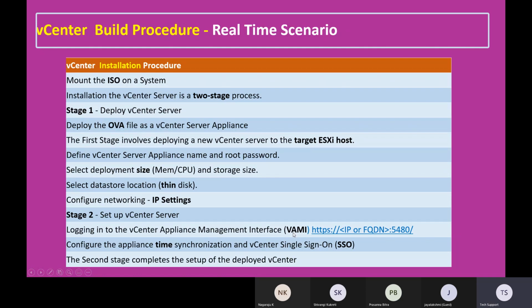So you can use either the VAMI portal or the management interface portal. The portal is https, our vCenter Server IP address or FQDN, colon 5480. When we enter this URL, it will redirect to the setup of vCenter Server.